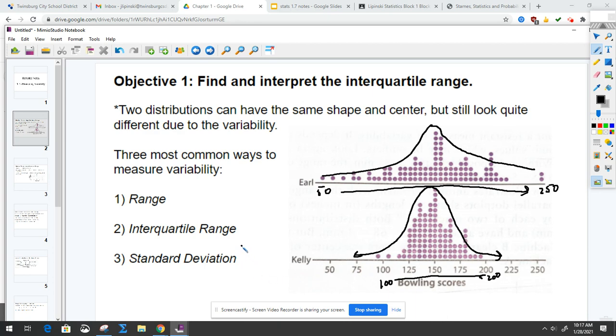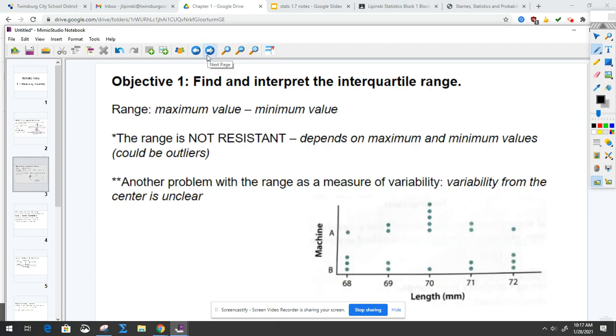Then we're going to spend a lot of time looking at the standard deviation, which is how far something is from the actual mean. As we continue, these will be the ways that we look at variability. Let's take a look at the next slide and discuss.